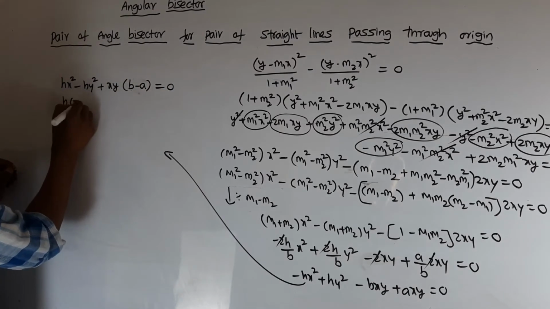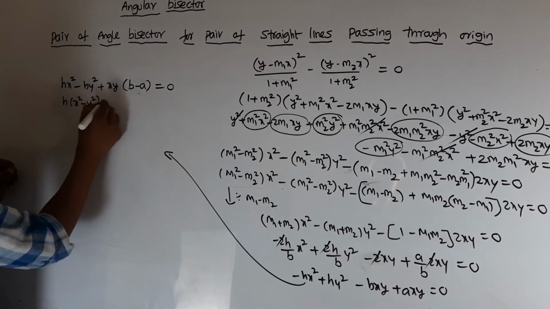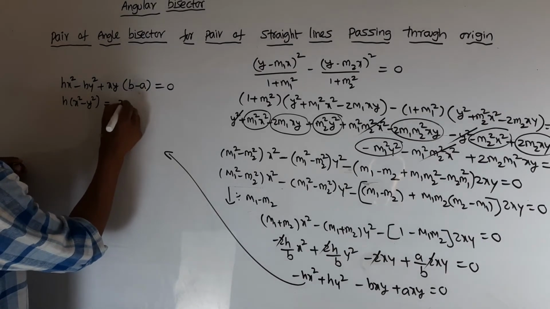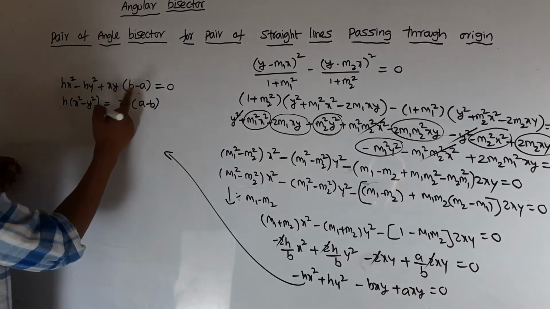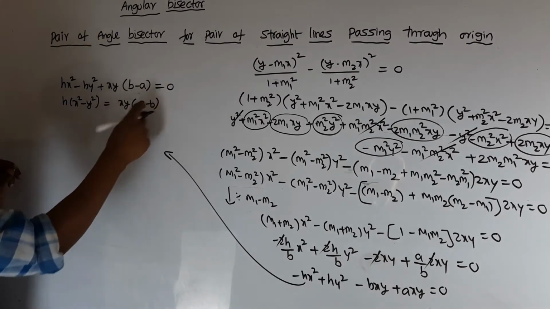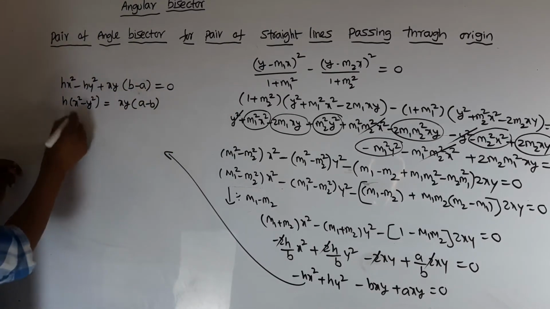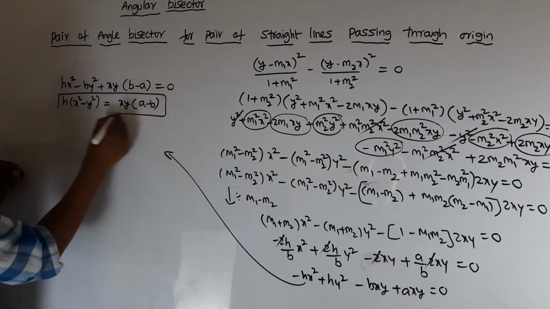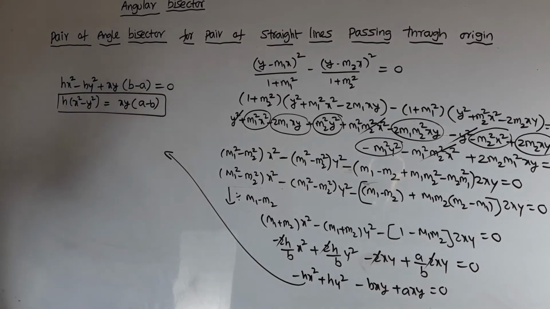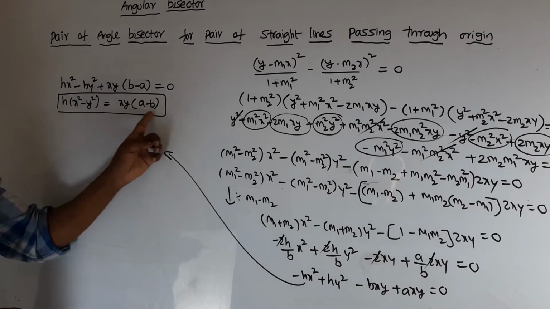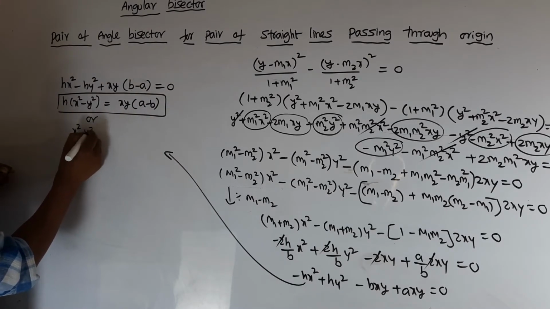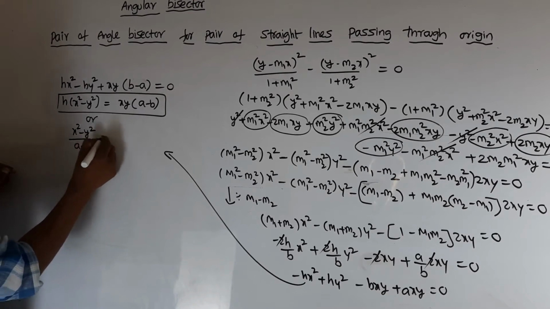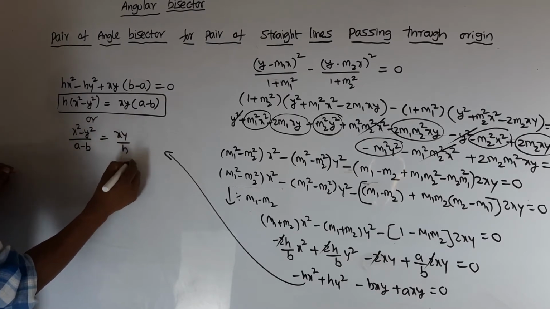Now h times of x square minus y square equal to xy times of a minus b. Xy times of b minus a will take right hand side, it becomes a minus. Minus of this value is a minus b. This is the formula. H times of x square minus y square equal to xy times of a minus b, or x square minus y square by a minus b equal to xy by h.